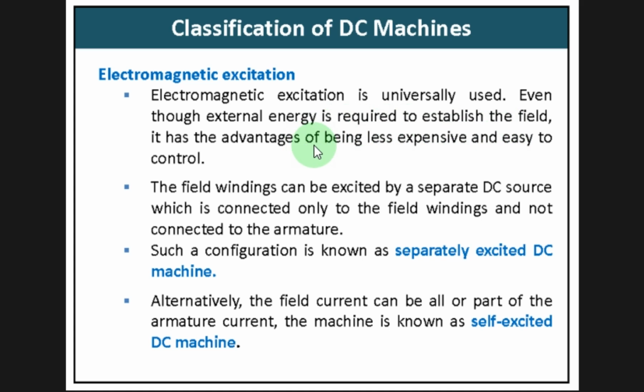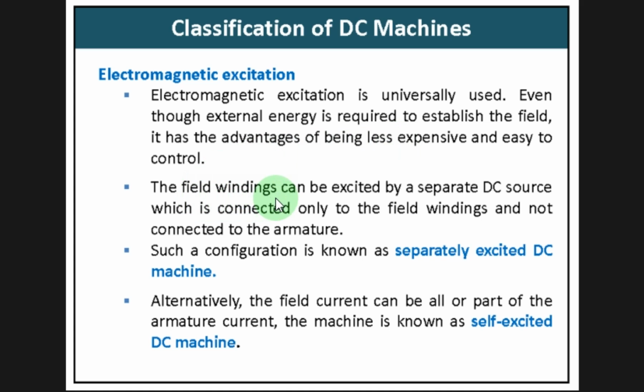It has the advantage of being less expensive and easy to control. By controlling the supply energy to the field coils, you can control the characteristic of the machine. So that is why it is widely used, because it is easy to control.